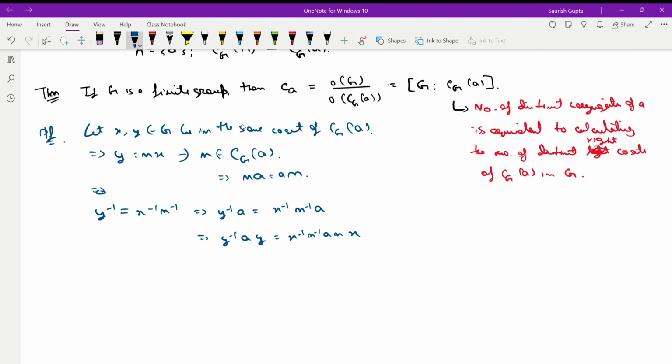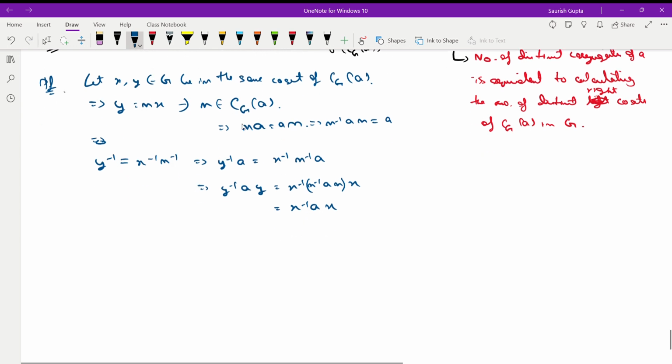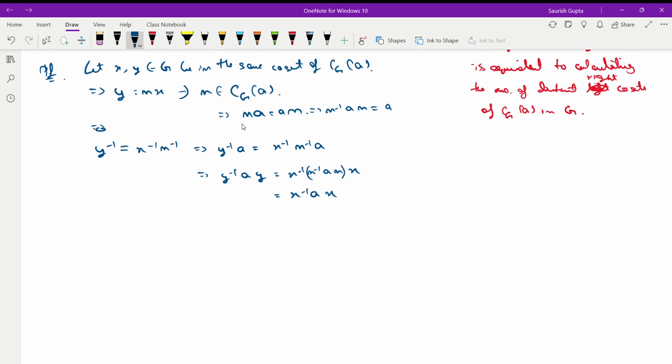I can associate this part, but observe that n inverse A n is nothing but A. Therefore, this is exactly equal to x inverse Ax. So if I choose two elements from the same coset of the centralizer of A in G, I'm getting identical conjugates.